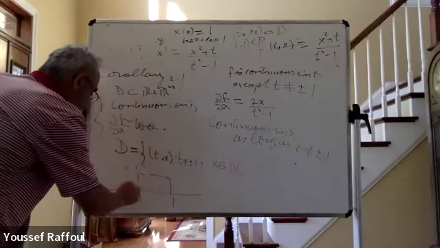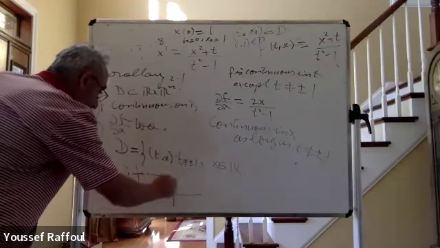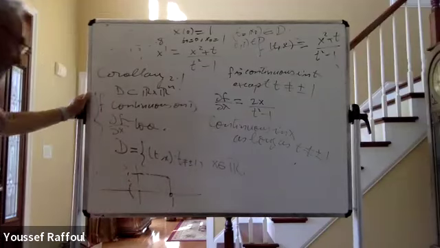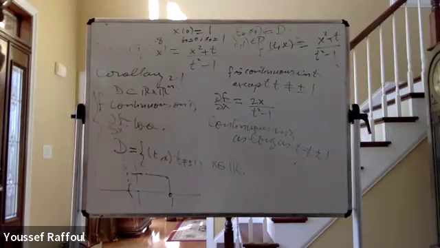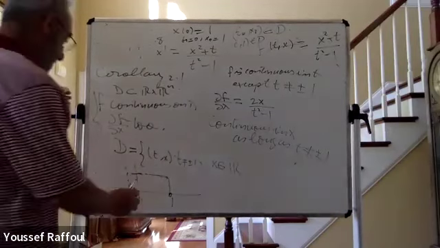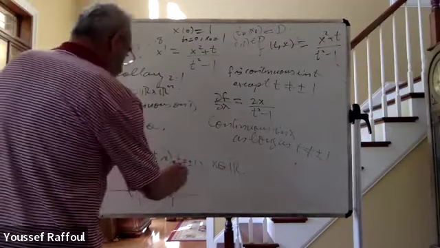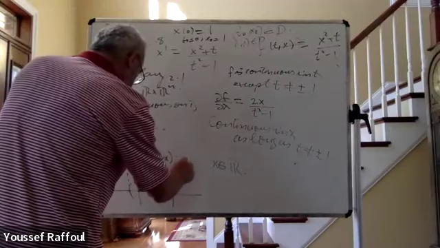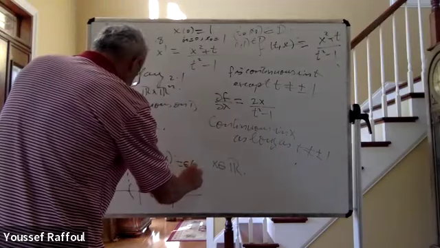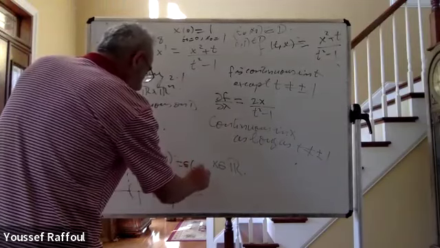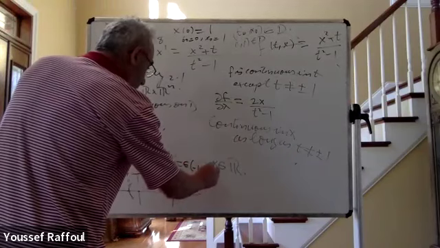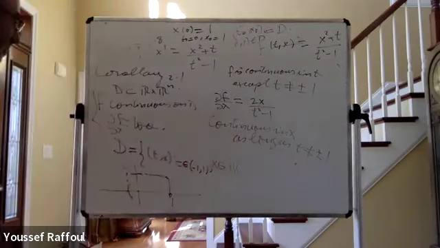Can be like that. And here is 1. We don't want it to be. Okay? So if I want to do that, t belongs to (-1, 1) and x in R.